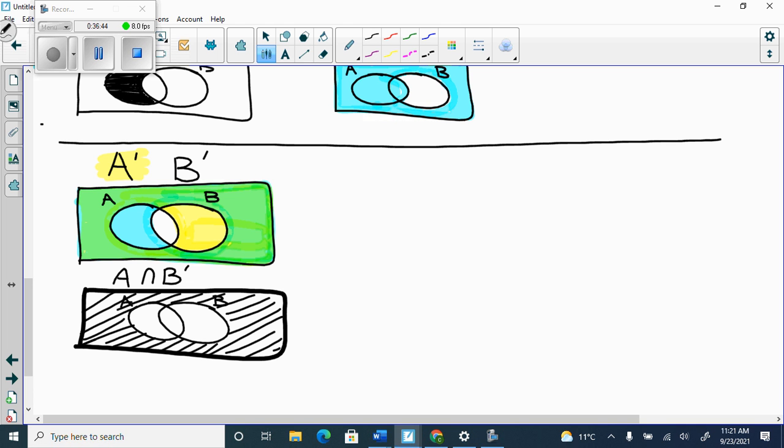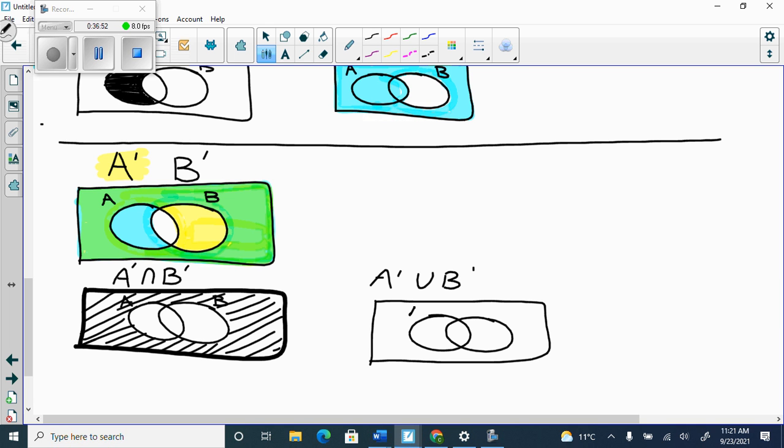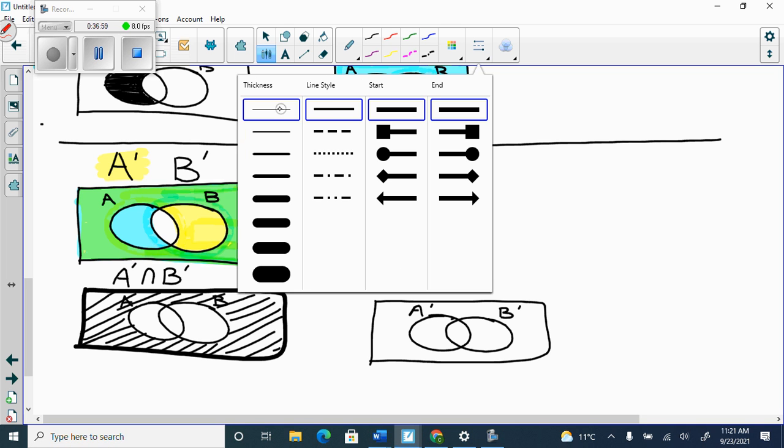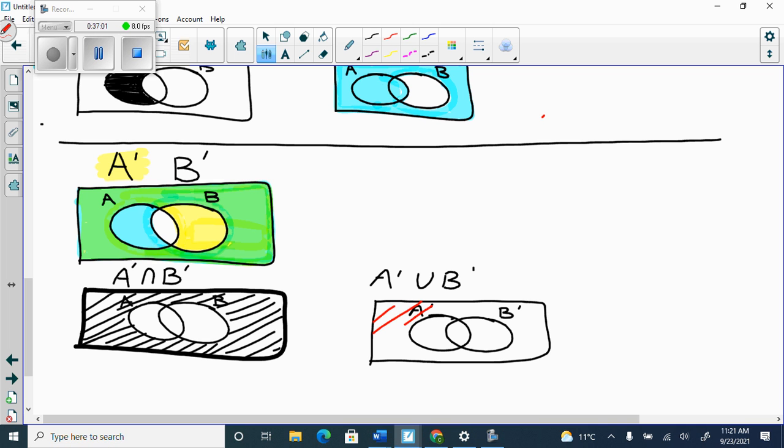And then, sorry, those both nots. And then A not or B not is anywhere it's shaded, which is everywhere but the middle, right? Everywhere but there. Did everyone get that?